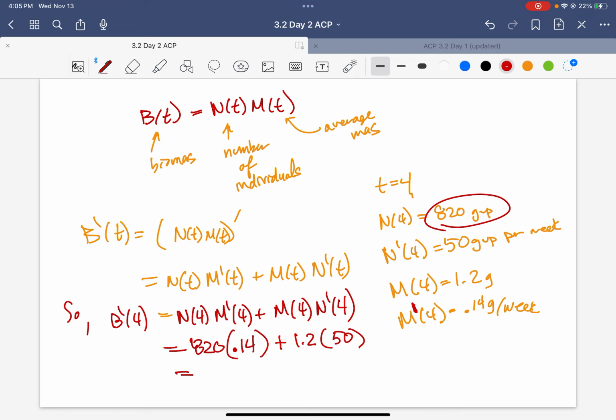So when you do this, you're going to get, hey Siri, what is 820 times 0.14? 114.8. And then 1.2 times 50 is going to be 60.